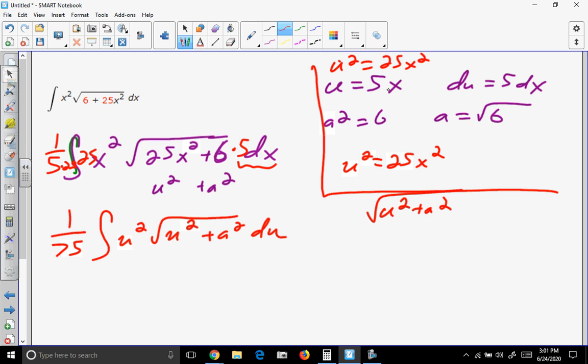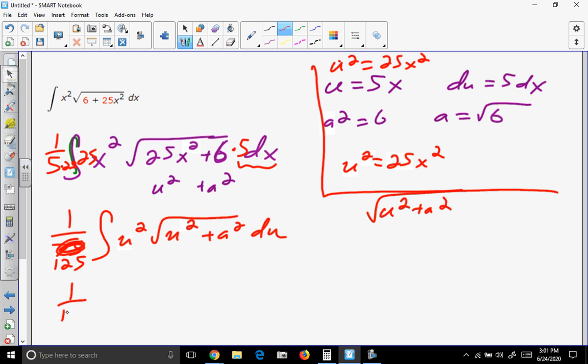That lets us know u, du. Well, a squared is this, so that makes a this. If this needs to be du, we need a 5 and a 5 here. If this needs to be u squared, that needs a 25 with it, so we have to pick a 25 up there. And that's not 75, that's 125.